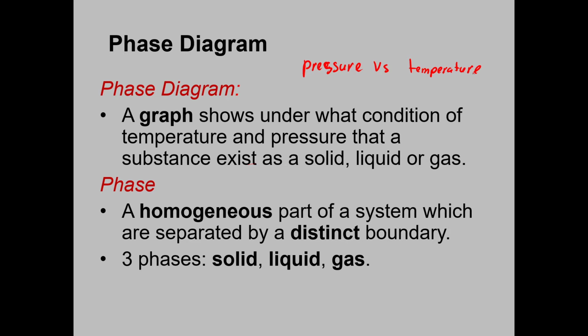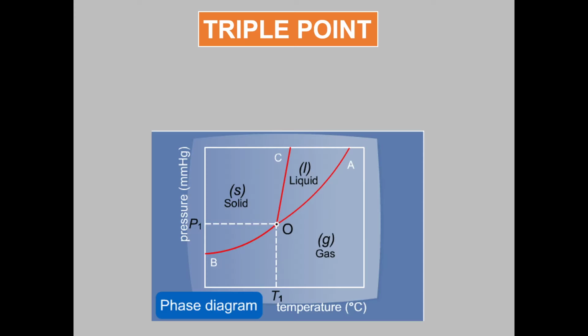Is a graph of pressure against temperature. Kita akan tengok that substance at certain pressure apa dia punya phase, or at certain temperature apa phase yang dia akan ada. Okay, since kita a distinct boundary kan between those. Okay, so the boundary also can be shown in the graph.